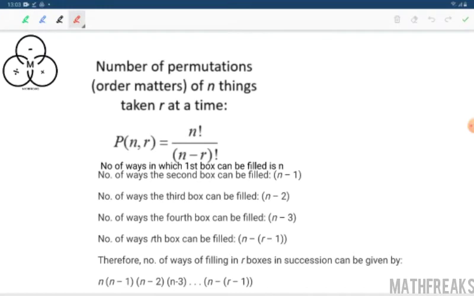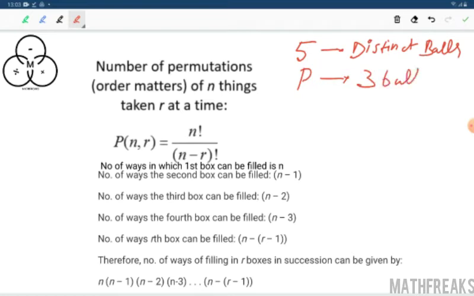Suppose we are having 5 distinct balls, and we want to make arrangements of 3 balls, or permutations of 3 balls. So how many different possibilities are we having?